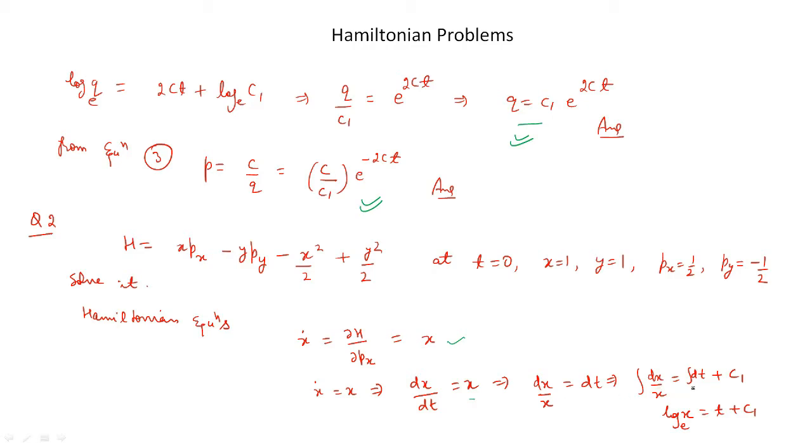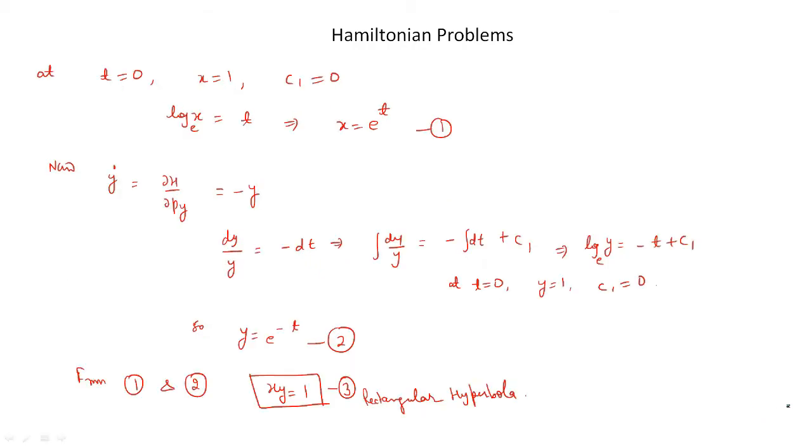When we integrate it, you know that it will be log x base e equal to t plus c1. c1 is here the constant of integration. So when t is 0, x is equal to 1 is given, so c1 will be 0. If we put these values in the earlier equation, log x base e is equal to t, so you can write that x is equal to e to the power t. Let us say it is equation number 1.